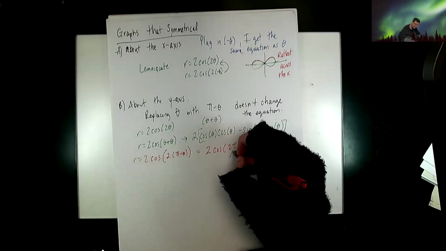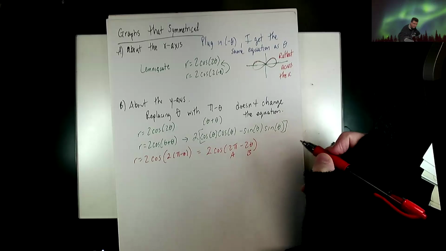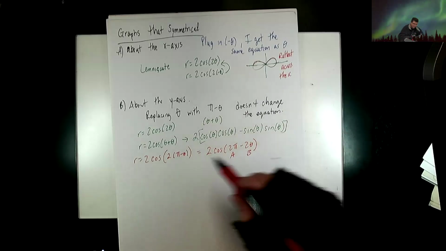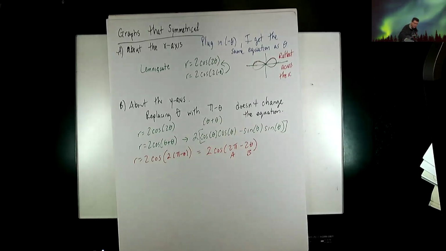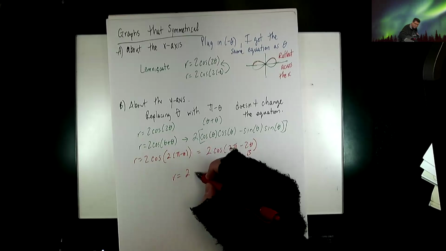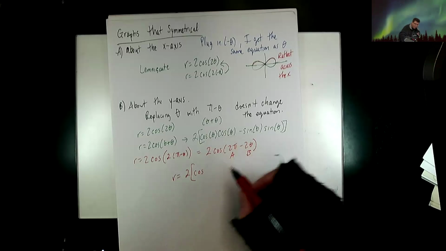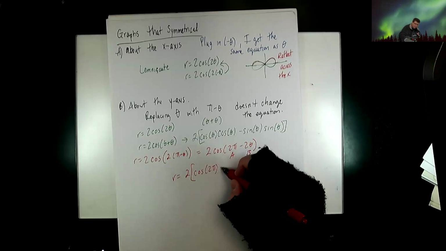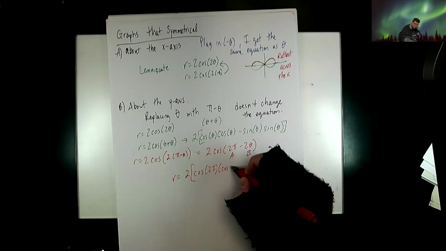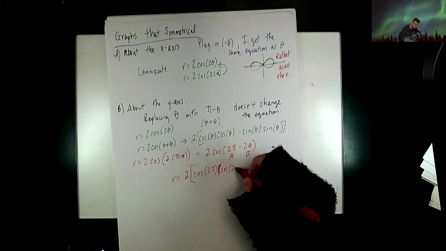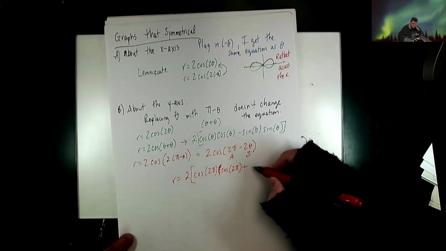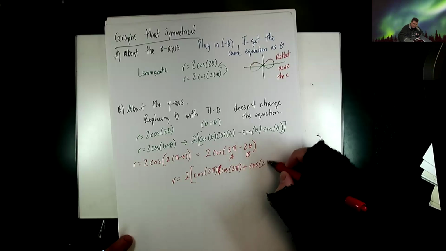Like if this is A and this is B, the plus is going to turn into a minus here. If I do this, I've got 2 cosine, the first one twice, plus cosine of the second one twice.